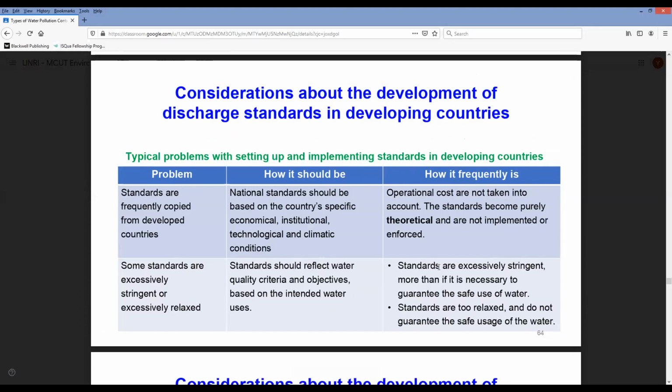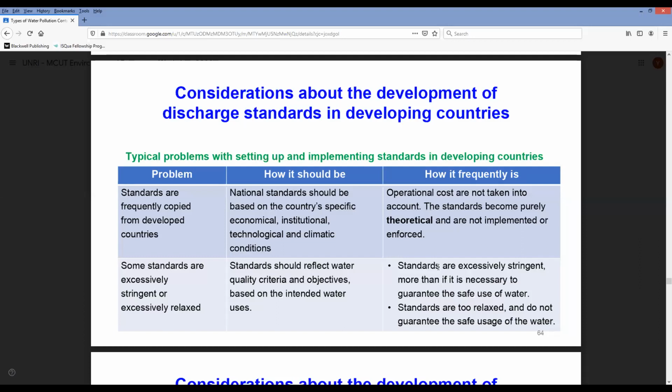Okay, and then another problem is standards are frequently copied from developed countries. So it means sometimes the local government just copies the regulation from other countries. So this regulation doesn't fit your local situation.